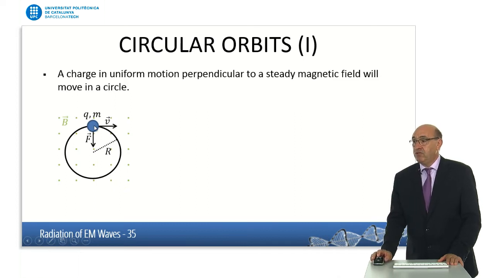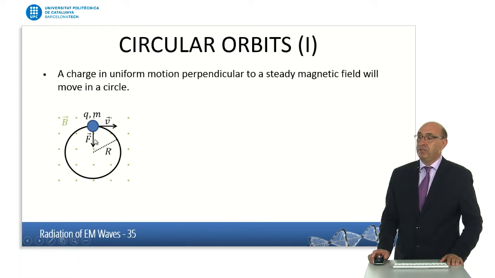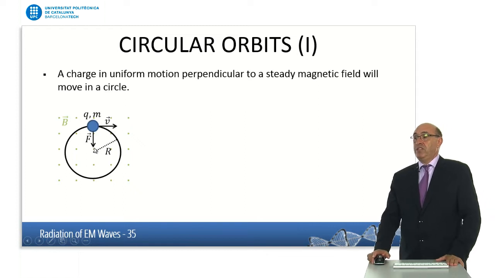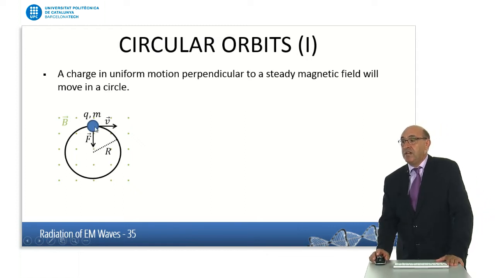So the charge is moving on the screen plane, and the magnetic field is perpendicular. So this cross product will give you a force in this direction. This is a central force, if you want. It's pointing towards the center. When we have this situation, as the charge moves, this force just pulls the charge towards here.